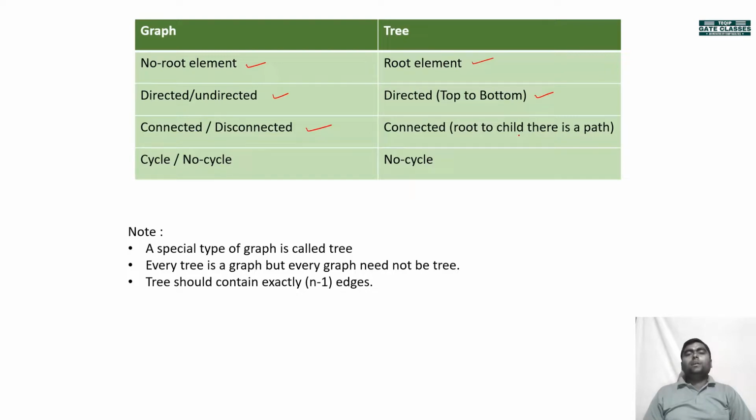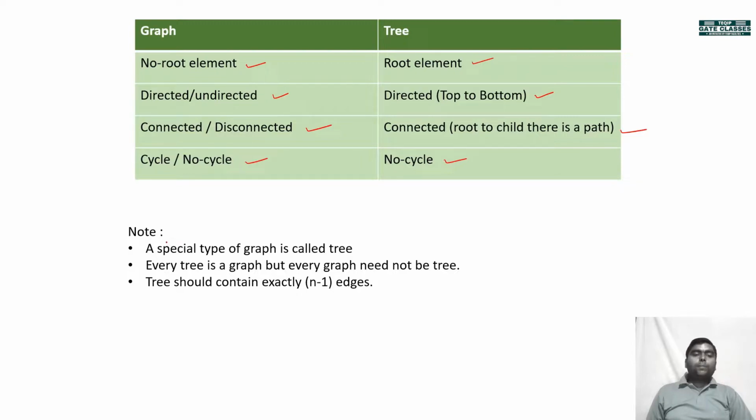A tree or a graph is called connected when there exists a path between every pair of elements. Meaning from root to child, there is always a path. And in a graph, there may be a cycle or no cycle, so a loop may or may not exist. But in a tree, there is no cycle.